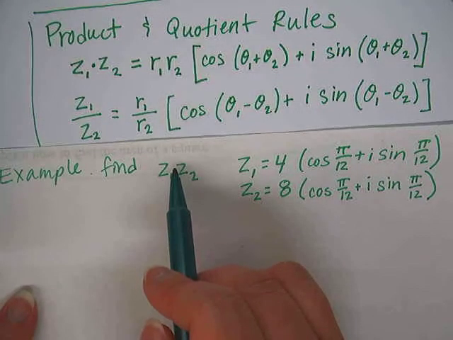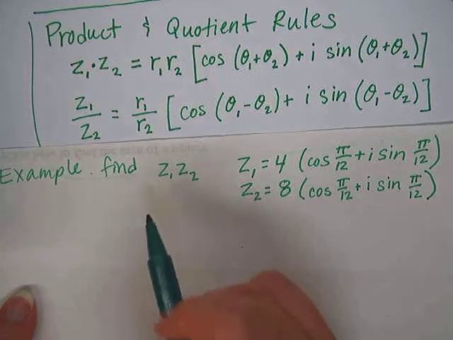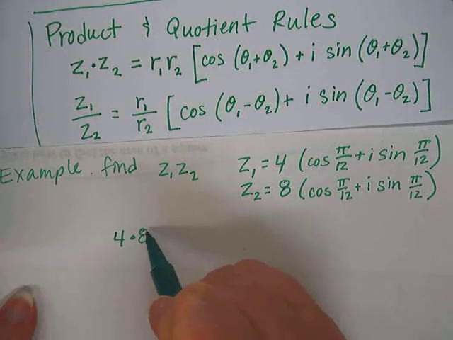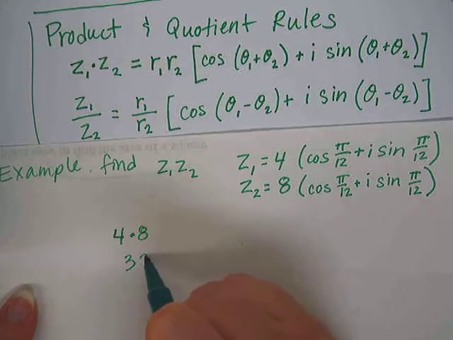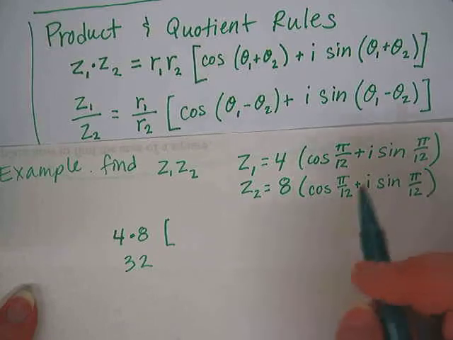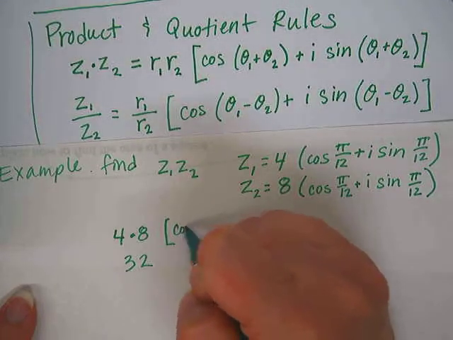Okay, so following the pattern of the rule we just learned, if we wanted to find the product of these two complex numbers, what would we do? Multiply the radiuses first. So 4 times 8 is 32. Then we add the angles together.